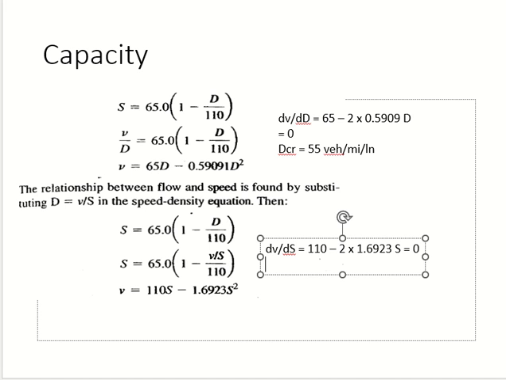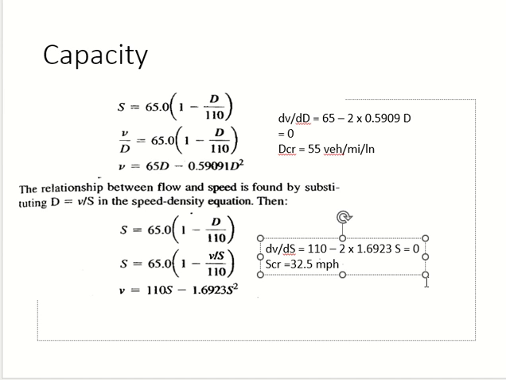What is S now? 32.5. And what do we call this speed? Critical speed, meaning the speed when capacity is reached. So I have to find the capacity, which is the maximum flow.